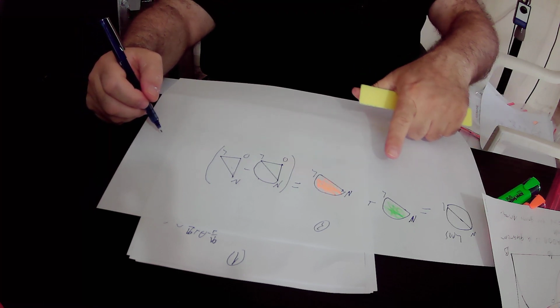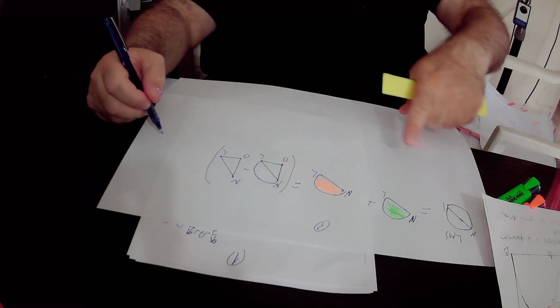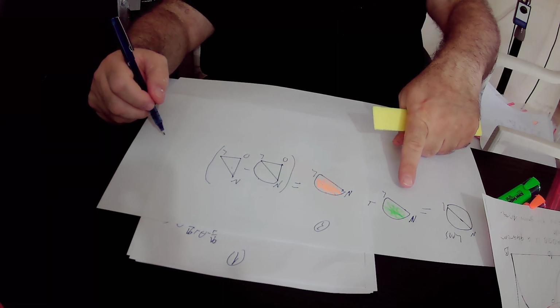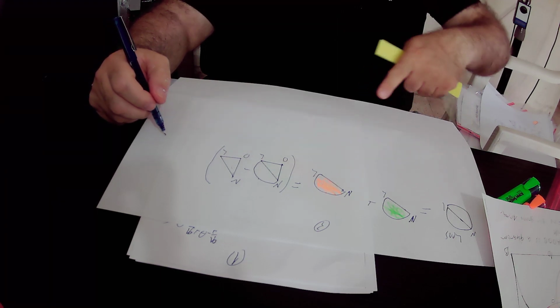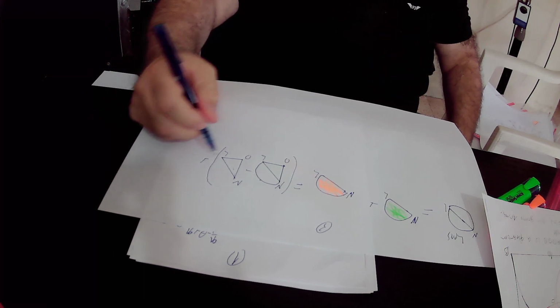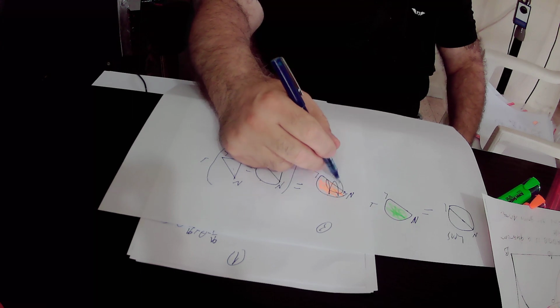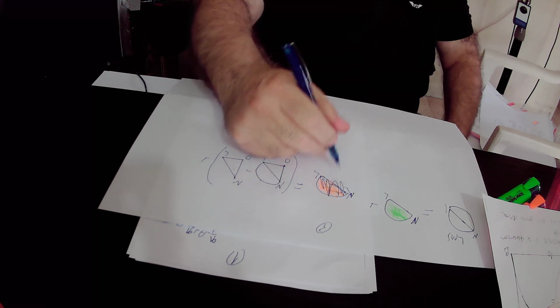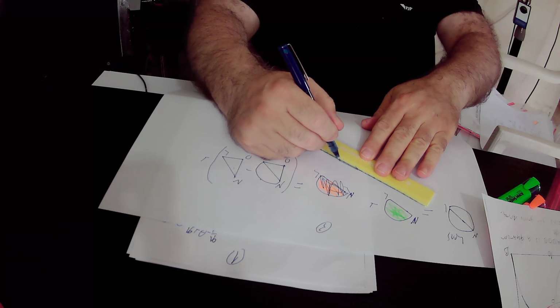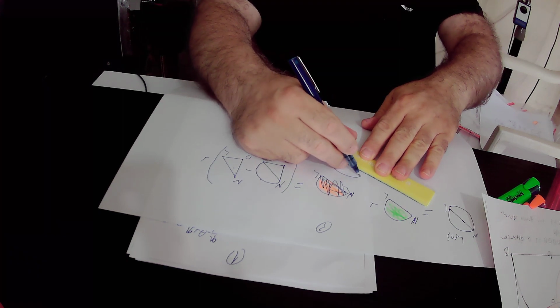And the area of the lens equals the area of the upper circular segment NL plus the area of the lower circular segment NL.